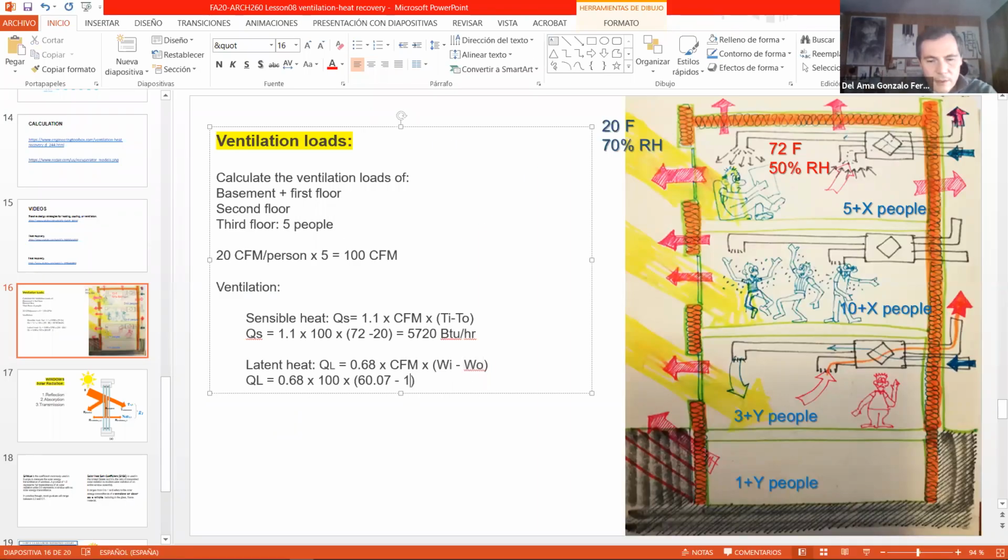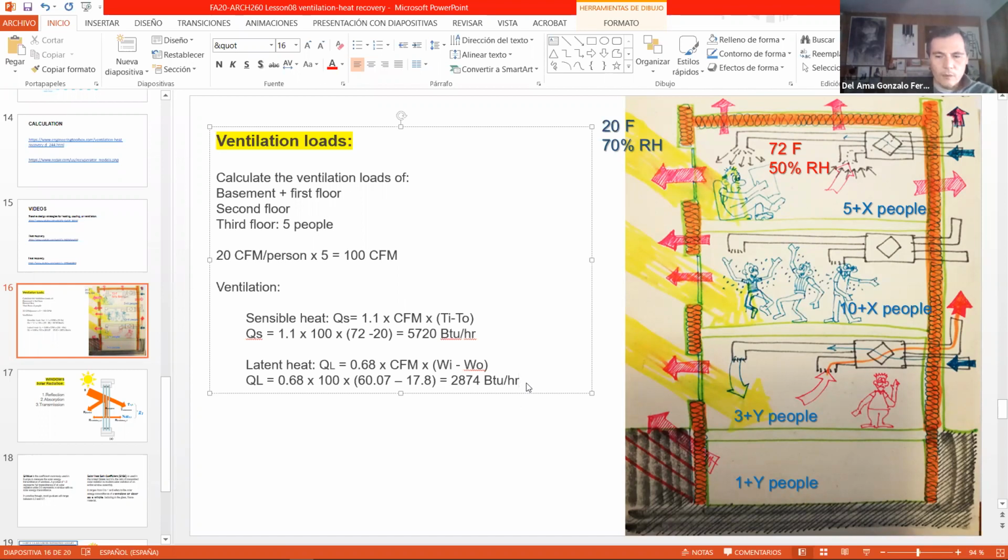So I can calculate this, times 100 times 0.68. Okay, so this is 2,874 BTU per hour.